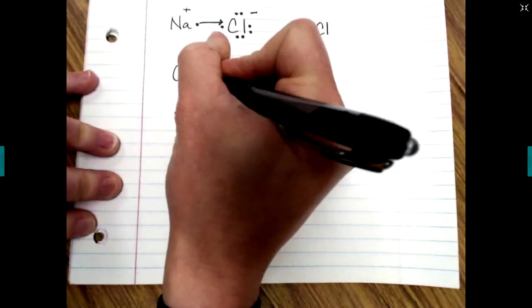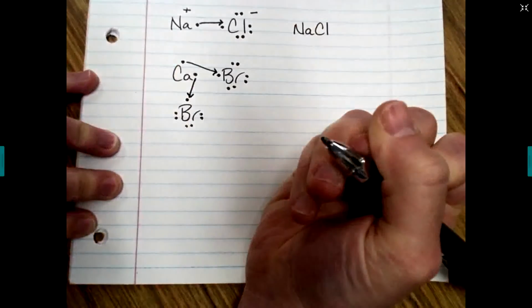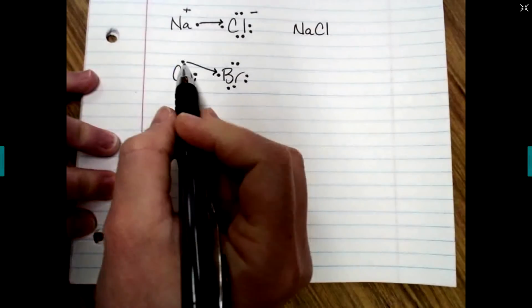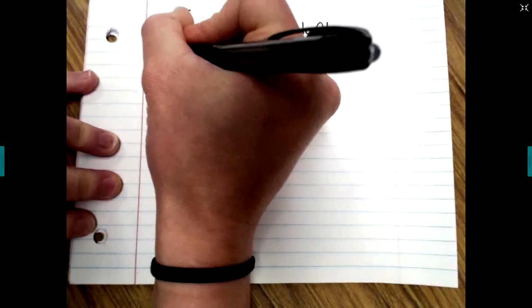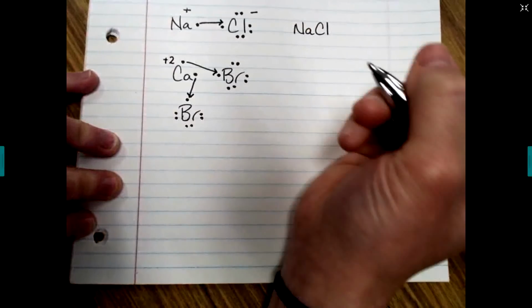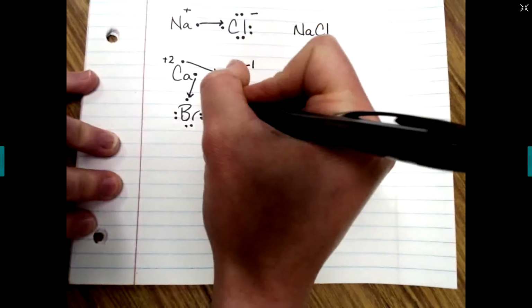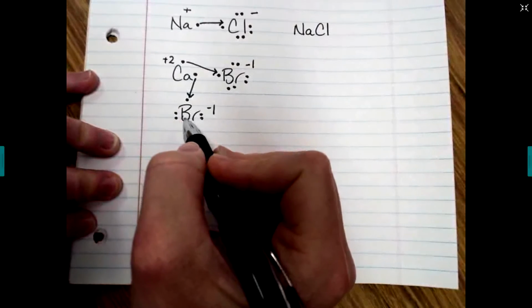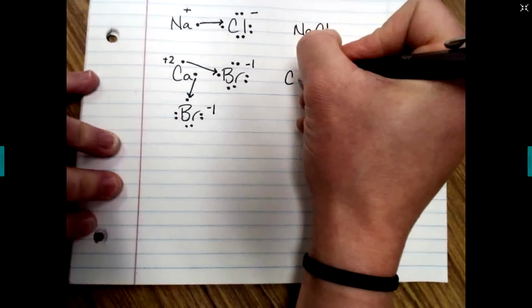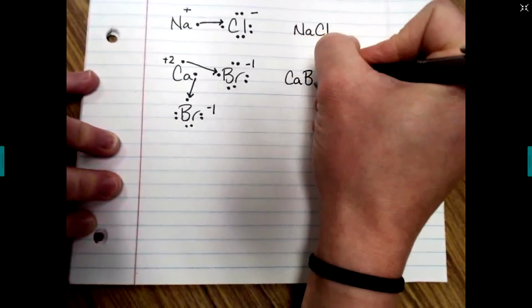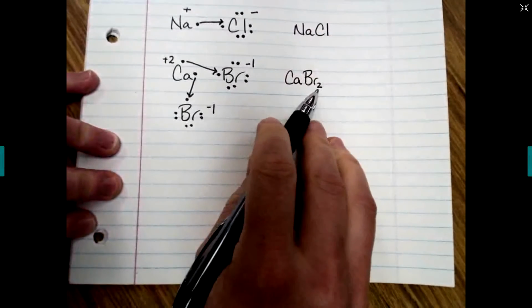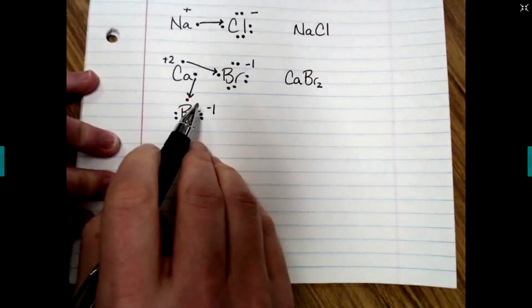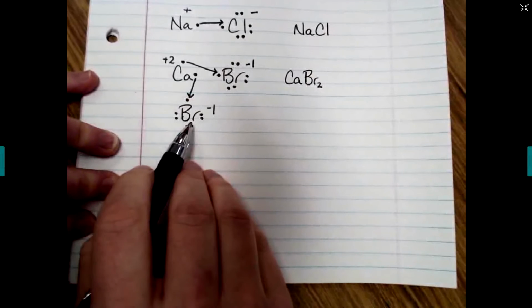And that's where calcium's other electron will go. So once calcium loses 2 electrons, it has a positive 2 charge. Each bromine will have a negative 1 charge after they gain an electron. And when you write the formula, it's going to be CaBr2. And that little 2 represents the 2 bromines that have bonded with calcium.